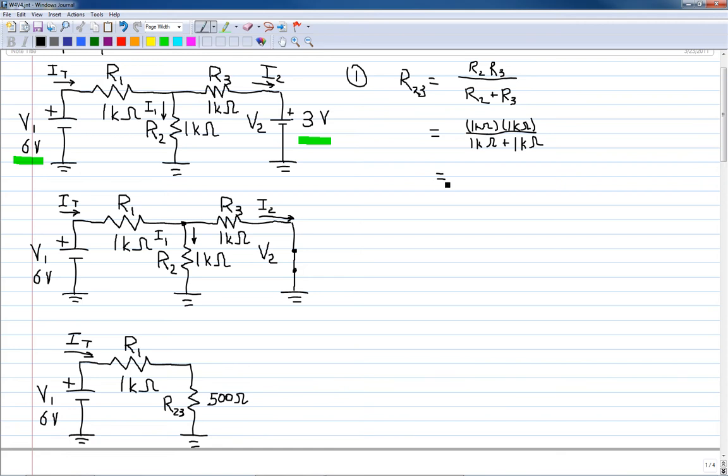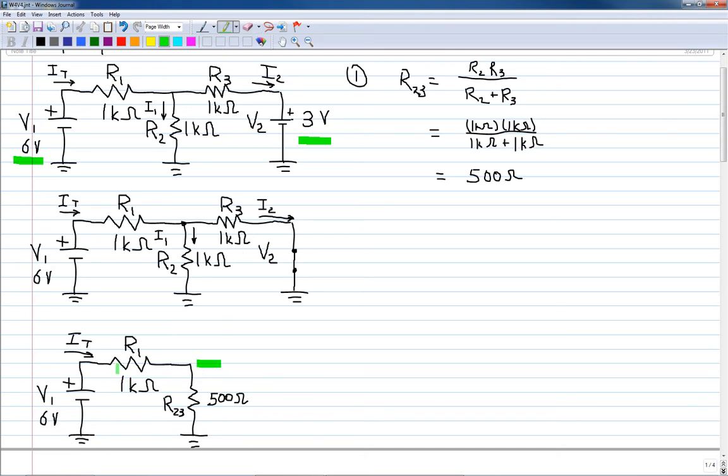Plugging those numbers into a calculator gives us R23 a value of 500 ohms. That creates a circuit that looks like this one.